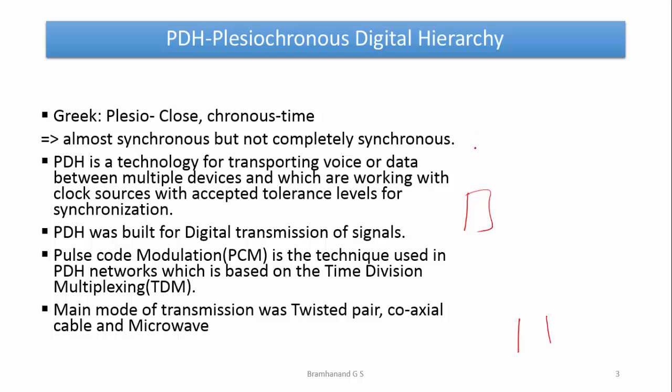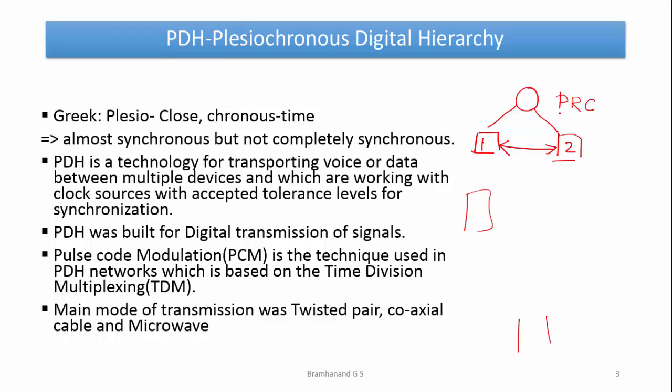It means that if I have two network elements which have to communicate with each other, these two network elements work on different clock sources, not necessarily aligned to a primary reference clock.